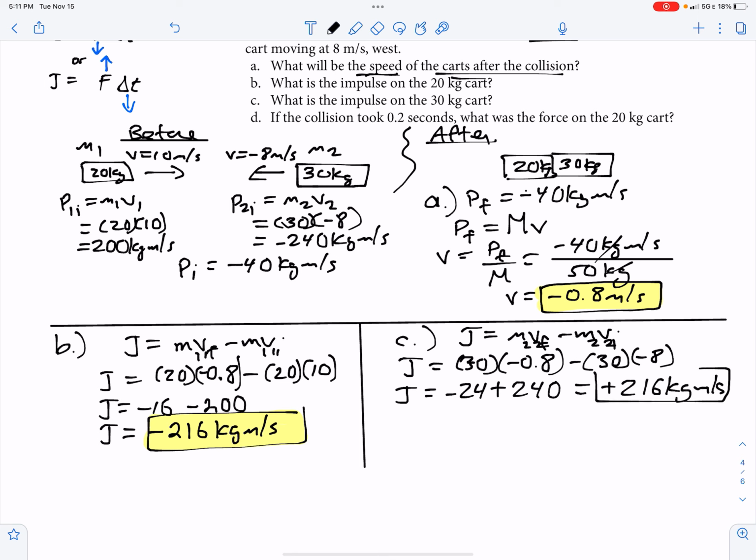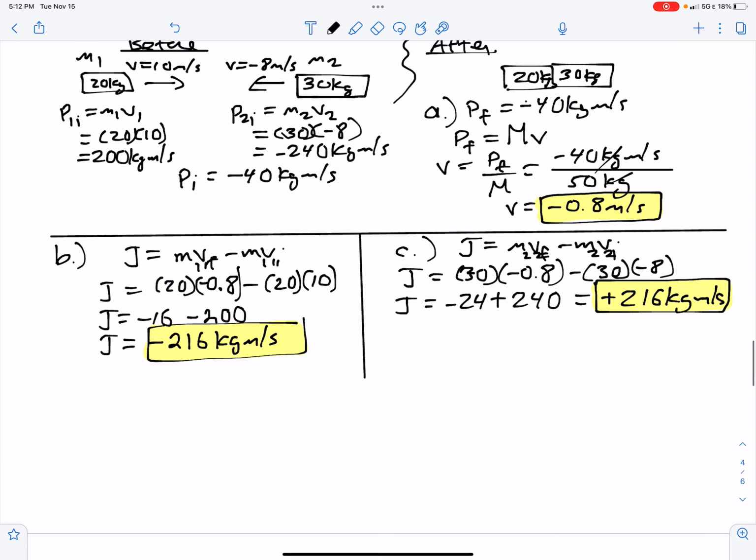Let's think about that. How does that make sense? The total momentum, P total, is equal to negative 216 plus 216, right?